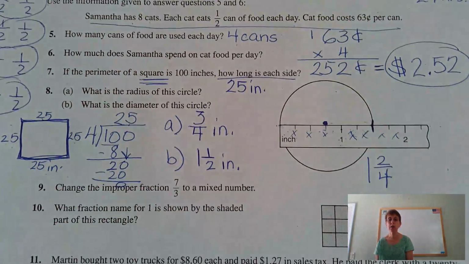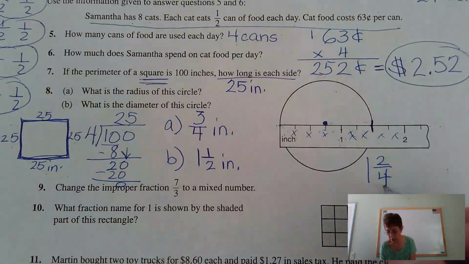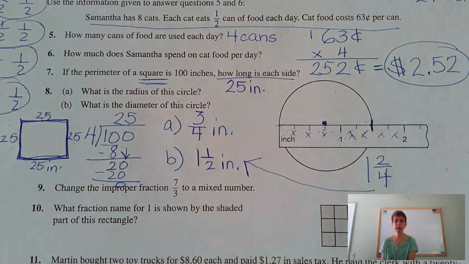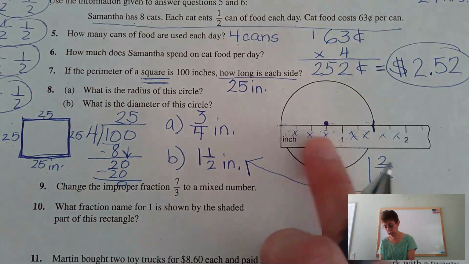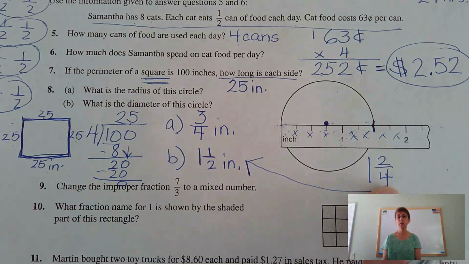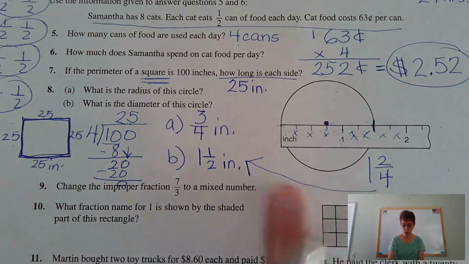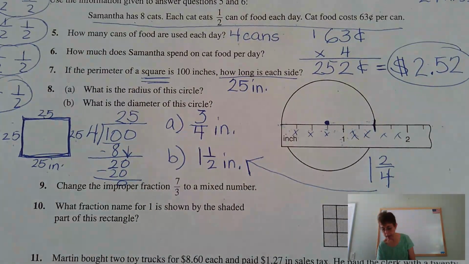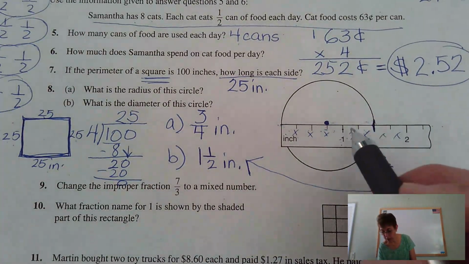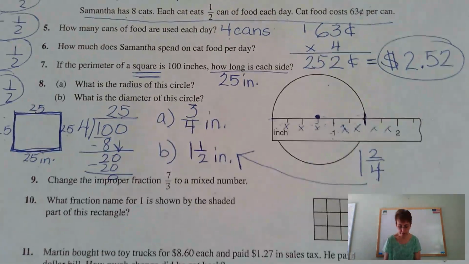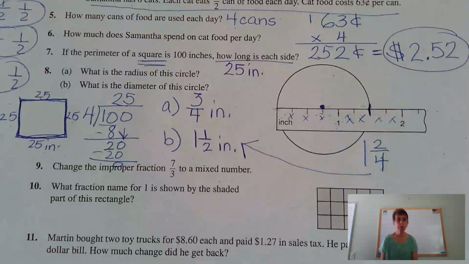But anytime we have the fraction 2/4, we're going to write it as 1/2. If you read it as 1 and 2/4, that's correct, but remember, you need to reduce that 2/4 to a half. So you would say 1.5. And if you look, you can see that it stops halfway between the 1 and the 2. There's your half. Okay, let's go to number 9 now.